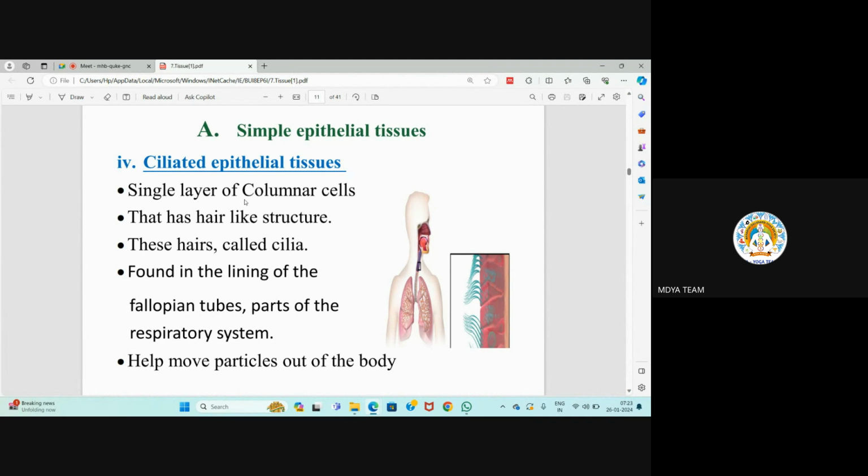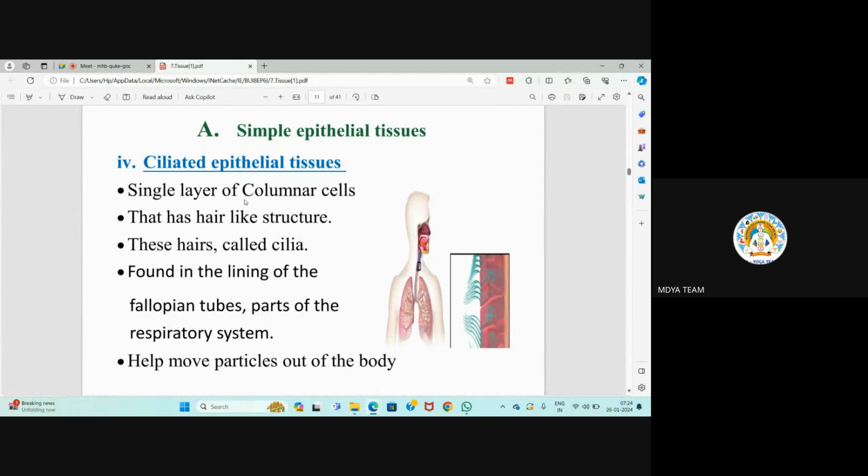See, cilia is a hair-like projection that you can find in the lungs, means the respiratory tract mainly. So in the respiratory tract and in the fallopian tube, you understood what the fallopian tube is? Yes, ma'am, the tube between ovary and uterus. So in the respiratory tract, in the fallopian tube, and in the small intestine, but in the small intestine, it is termed as villi.